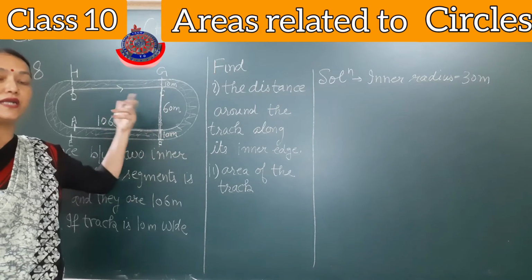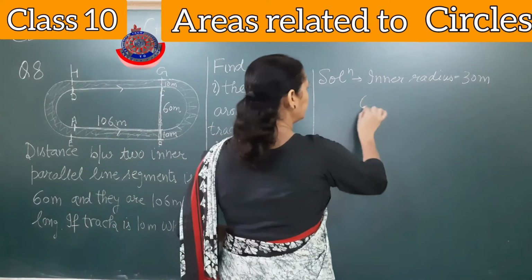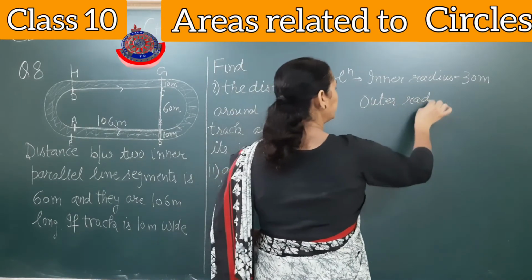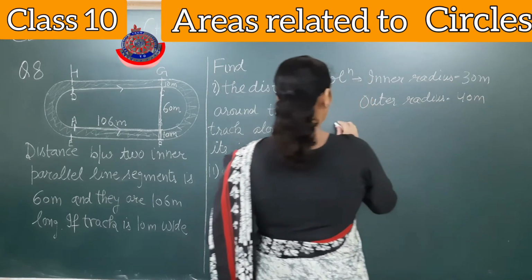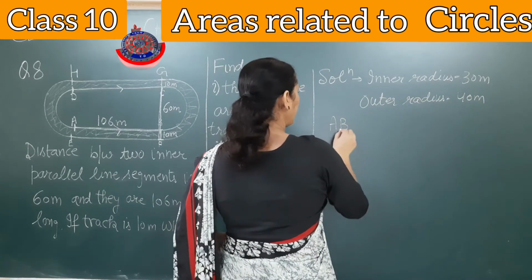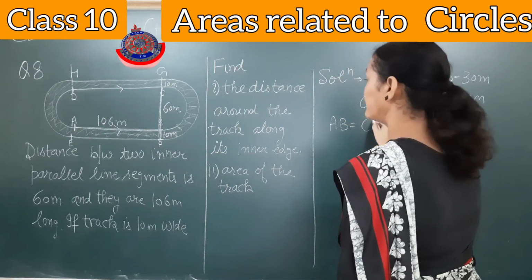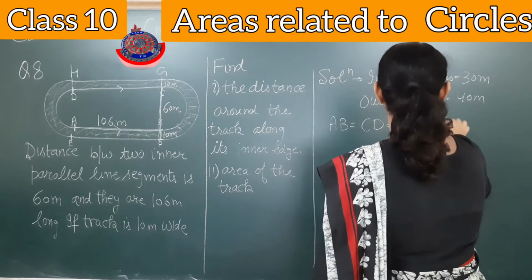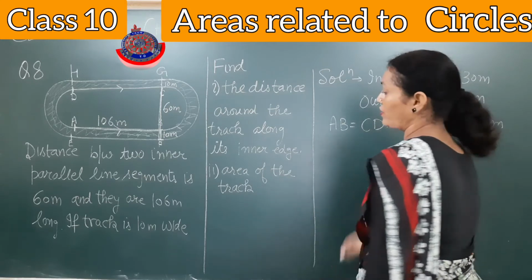So outer radius will be 40 meter, and line segments AB, CD, EF as well as GH all are 106 meter long.